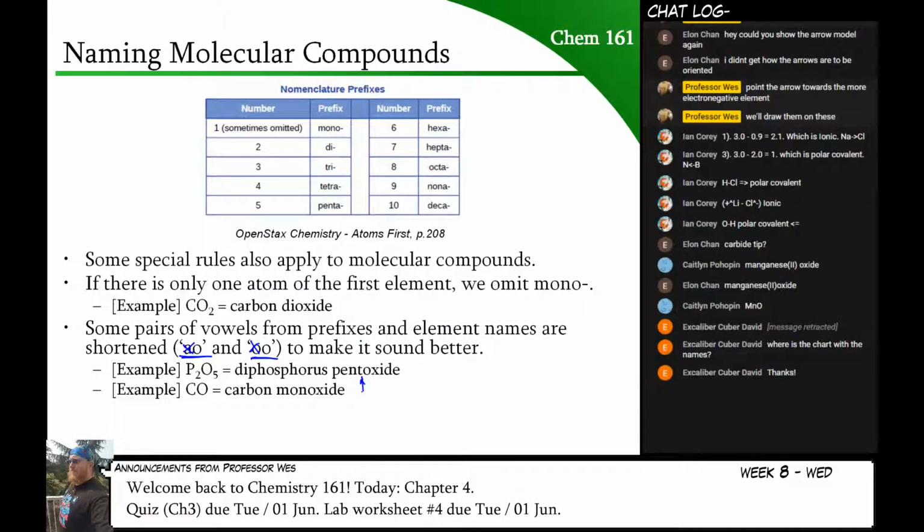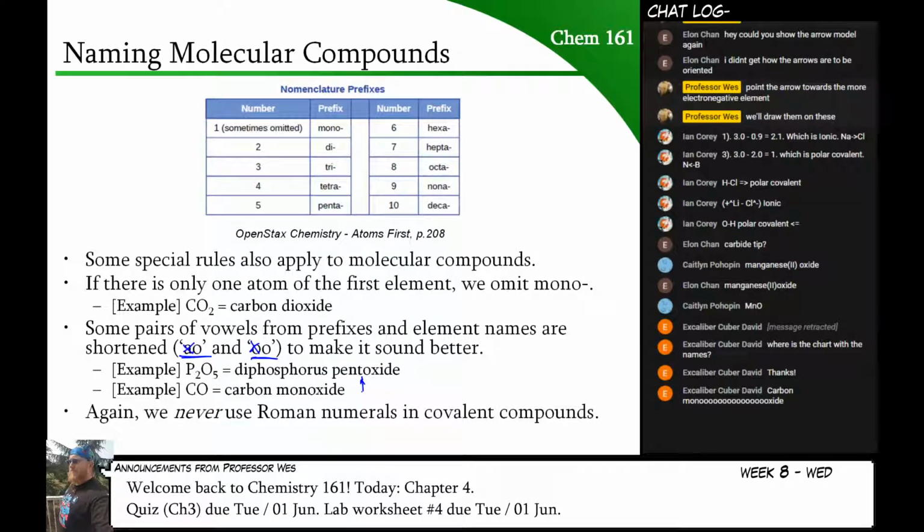We don't need to have that many O's in a row. All right. No Roman numerals in molecular compounds. That is for metals in ionic compounds only.